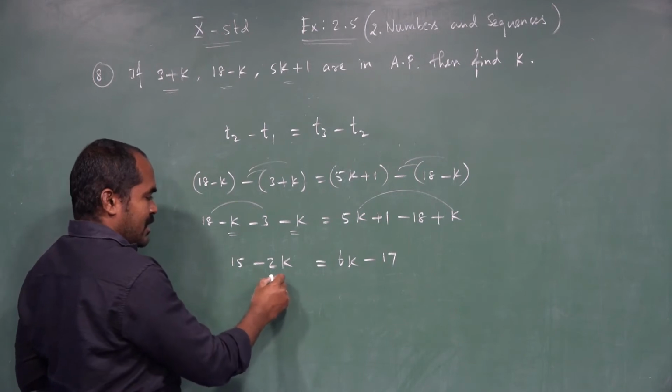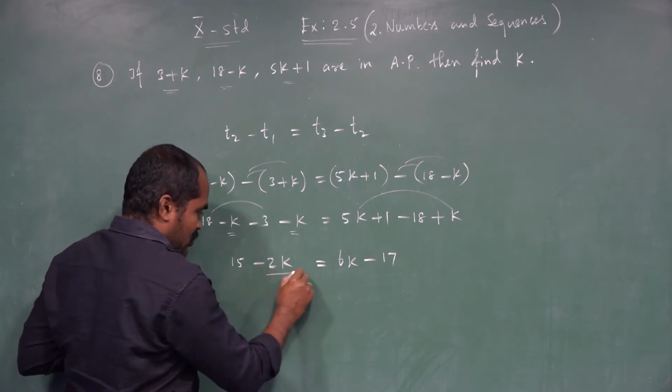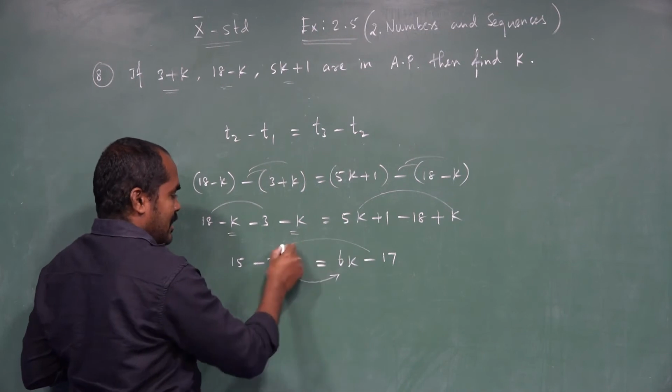So collect like terms on one side. That is minus 2k to the right side and minus 17 to the left side, which becomes plus 17.